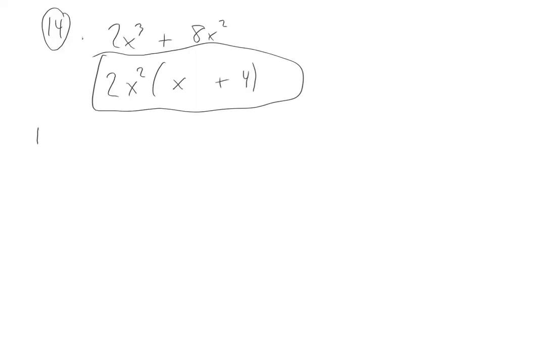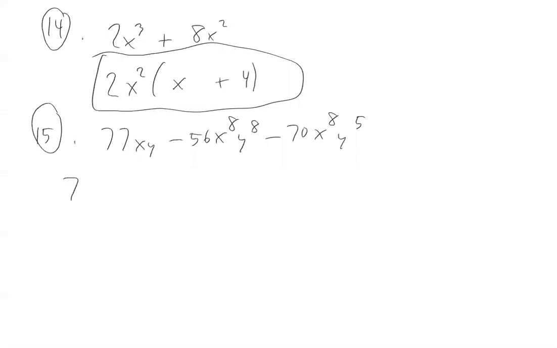Then 15, it's a similar thing. So 15 says 77xy minus 56 x to the 8th y to the 8th minus 70 x to the 8th y to the 5th. So factor the greatest common factor. Well, you could factor out a 7 from everything, and an x from everything, and a y from everything.